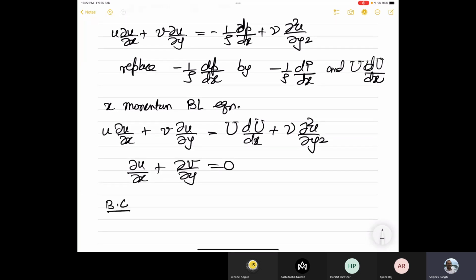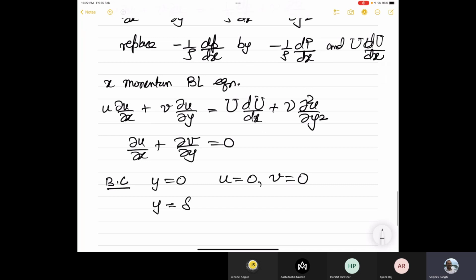And the boundary conditions we have is at y is equal to 0, u is equal to 0, and v is equal to 0, and at y is equal to delta, at the boundary layer edge, we put u equal to capital U of x because the boundary layer is thin.